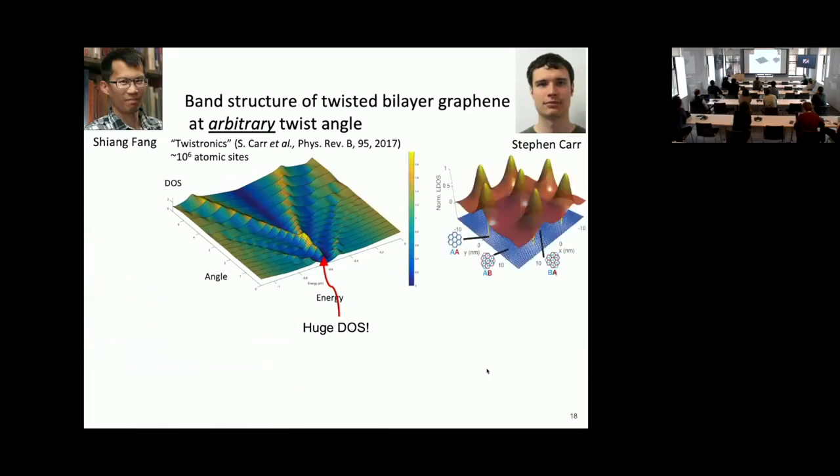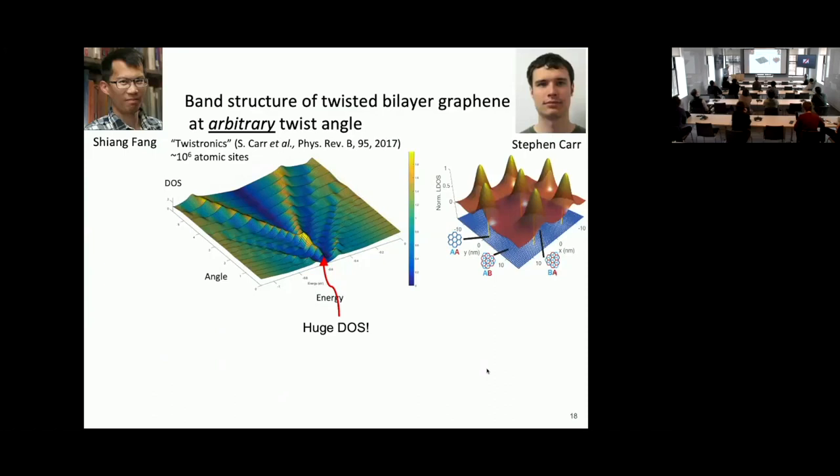But one key aspect of the system is that the density of states in real space, where the electrons are in real space, has very interesting behavior as well. So this is what I showed you earlier in terms of AA, AB, and BA types of stackings shown here at the bottom.